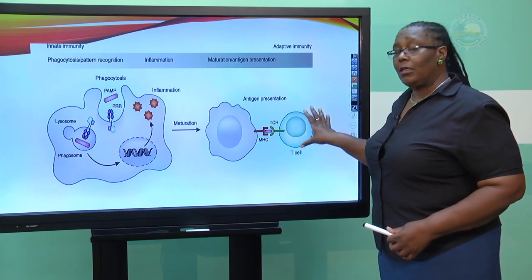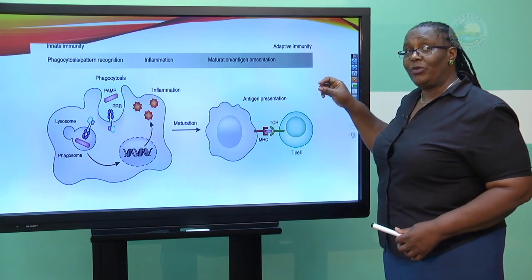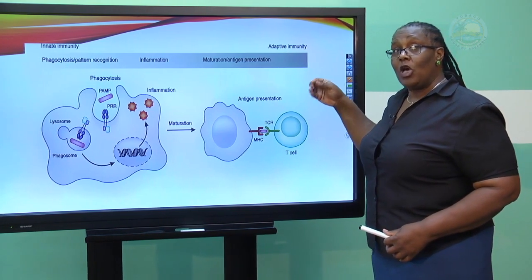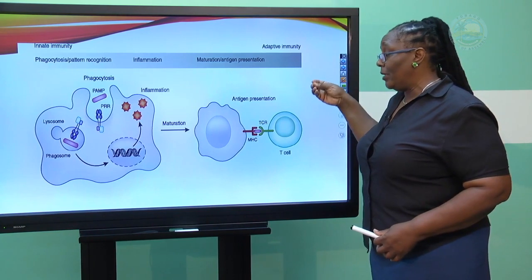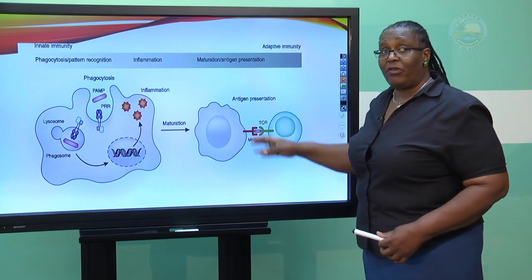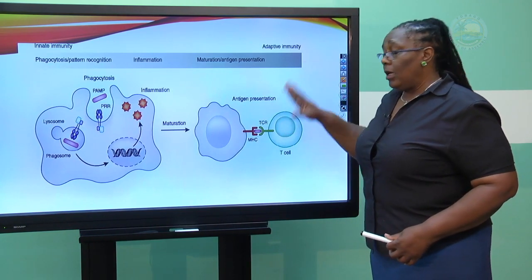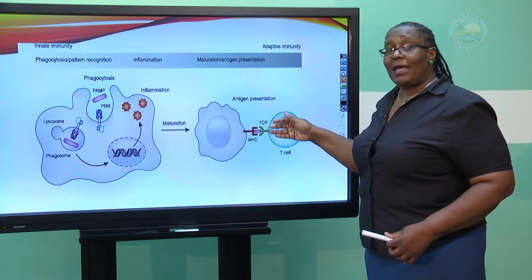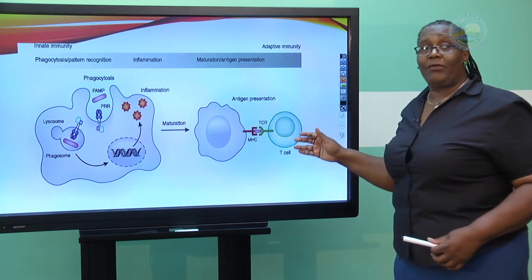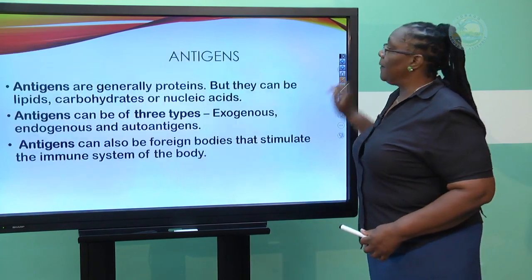So in turn, you will have the development of what we call the adaptive response, or the acquired immunity developing. This, however, can take several weeks. And so in the next lesson, we're going to go into that to see how this adaptive response develops.